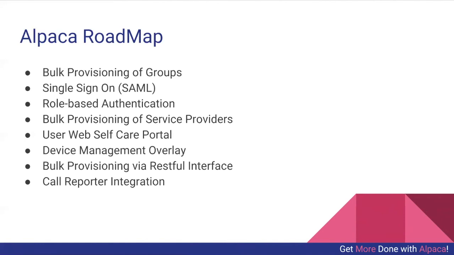The user web self-care portal is sort of, if you assume that Alpaca and the bulk provisioning is a reasonable replacement for Loki provisioning, okay, what about Loki portals? And the answer is the user web self-care portal is intended for that solution.